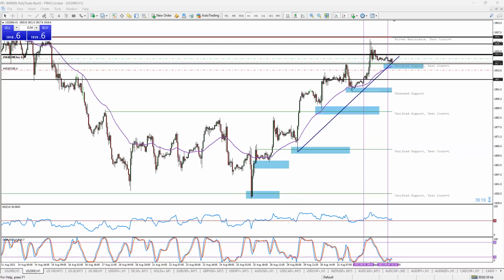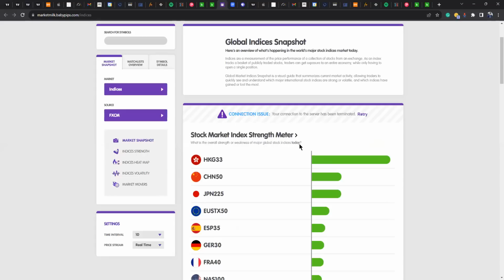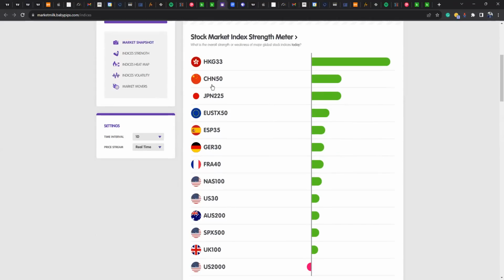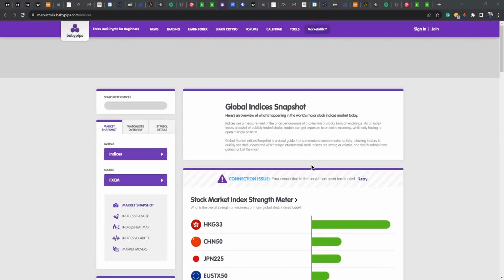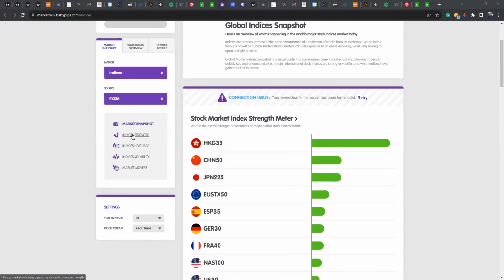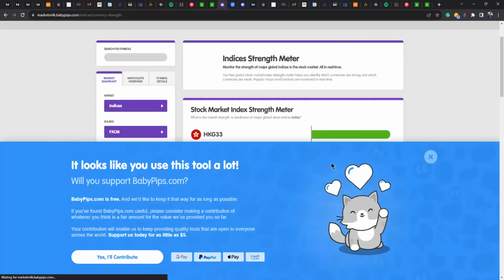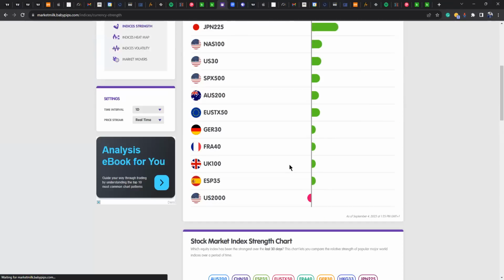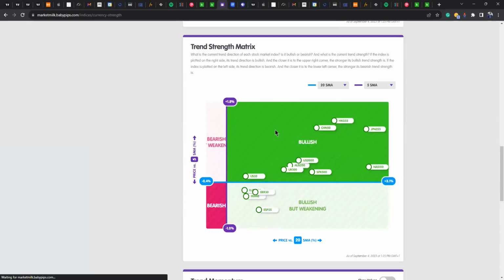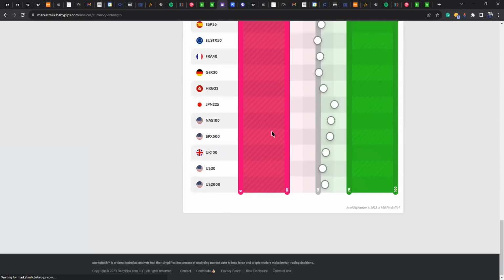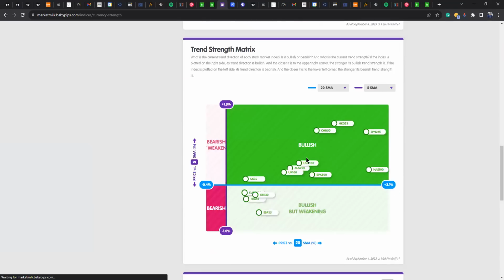So different moving averages work, they all have their uses. For example, this is a tool that I use. Let's say I want to check the trend. If I come down here, it's showing me that US 2000 is on a bullish trend, right?